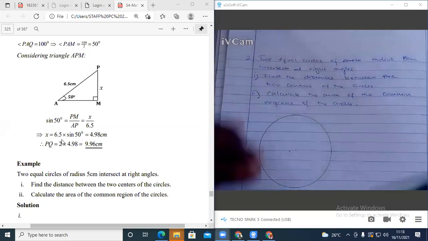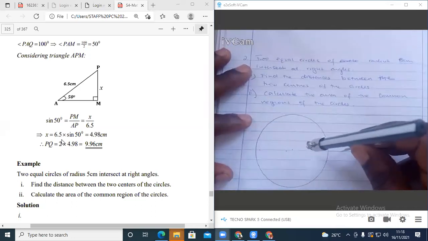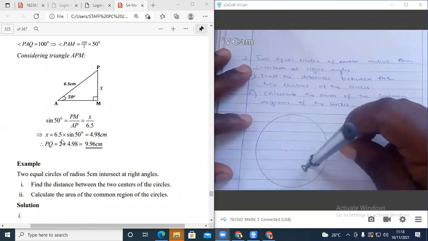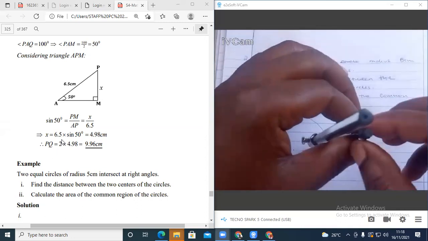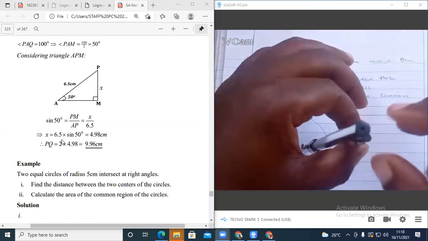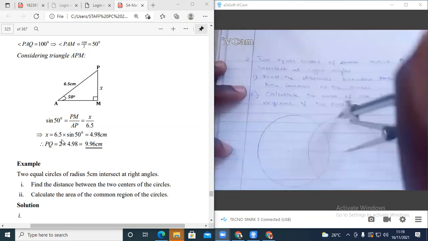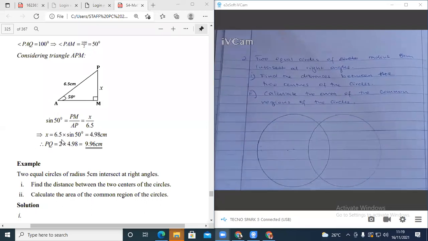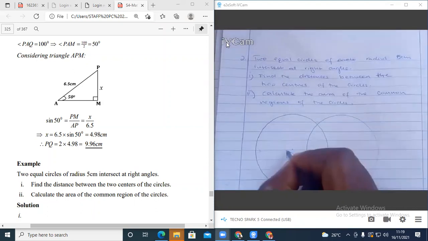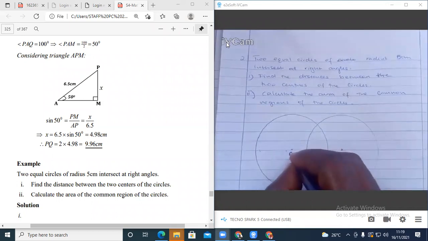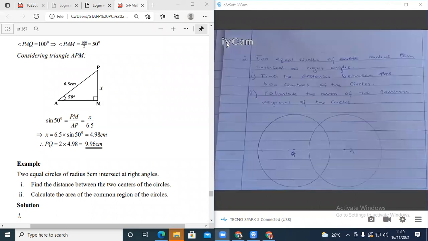Okay, that's the first one. The distance apart somewhere. Okay, like that. So those are the circles with the same radii. I can call this one center O1, and O2.